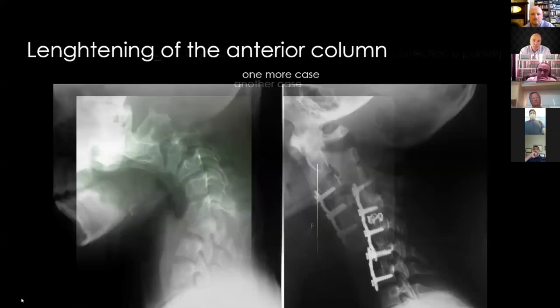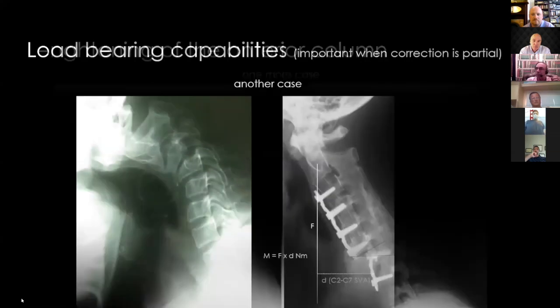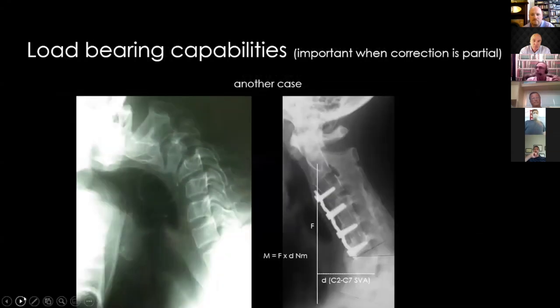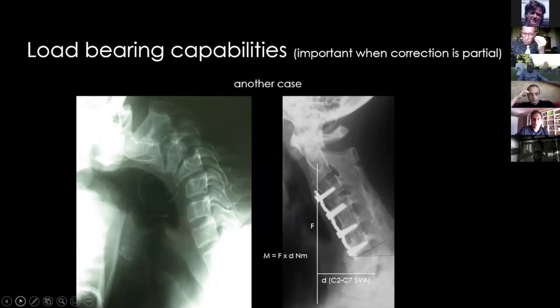And then load-bearing capacity is better achieved through the anterior approach, because in kyphosis, when you don't reduce kyphosis fully, then you may expect huge load bending moments which are generated, and this is the anterior column which has to resist these moments rather than the posterior column. So solid fusion in the anterior column resists huge anterior bending moments.